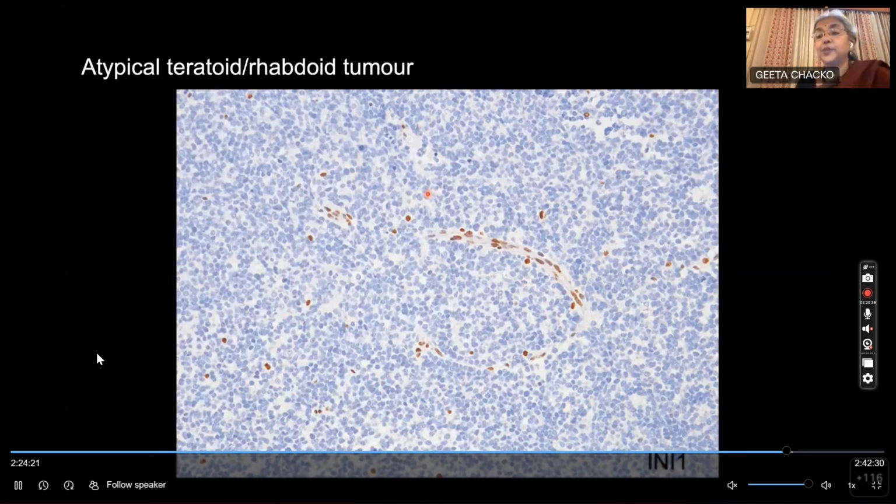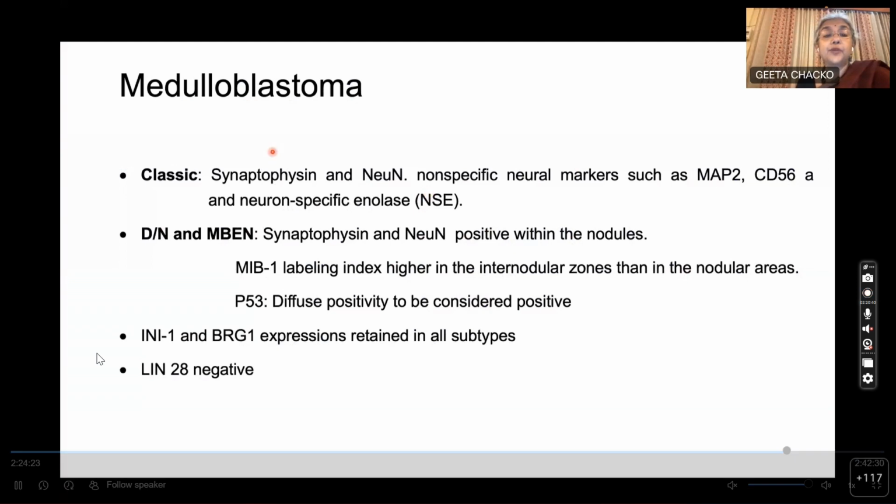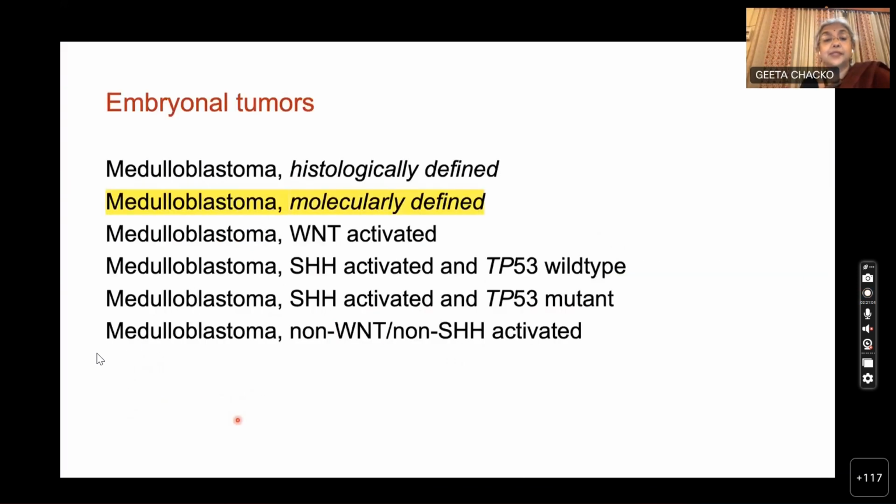Of course, medulloblastomas are the most frequent. So they're positive for synaptophysin typically, and the desmoplastic ones show synaptophysin within the nodules. The MIB is higher in the internodular zones, and P53 is done for further subtyping of the desmoplastic variant. All of them show retained expression of INI1 and BRG1, and they're LIN28 negative because they're not ETMRs.